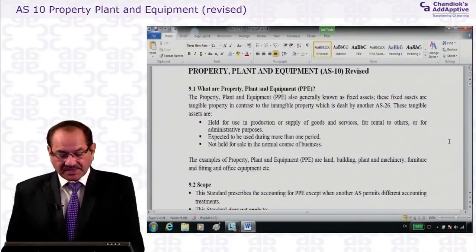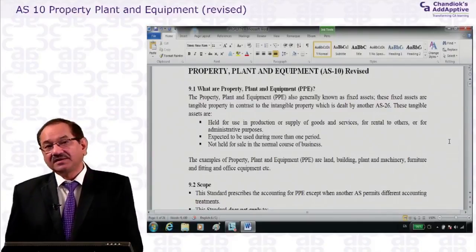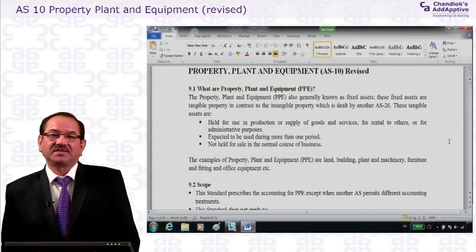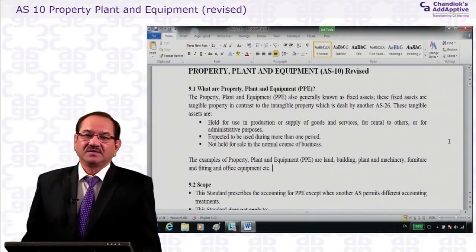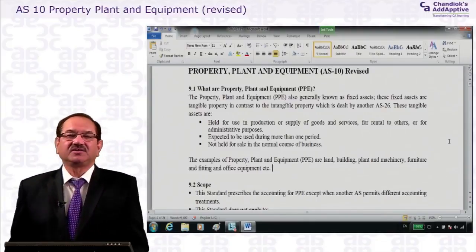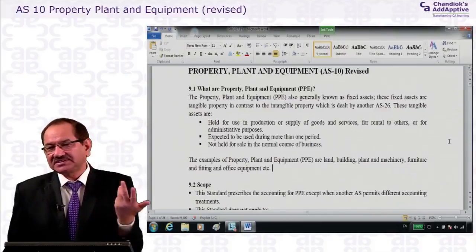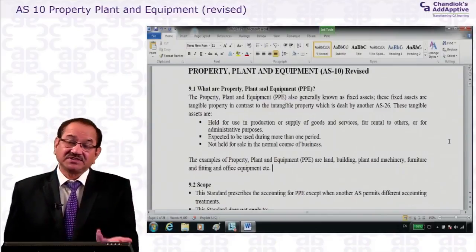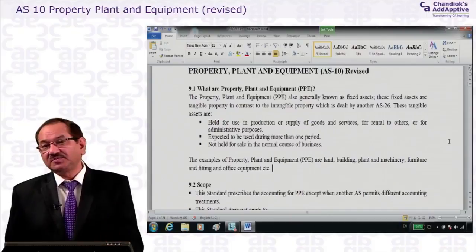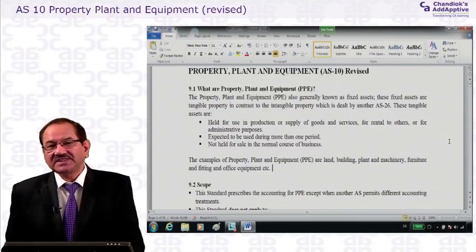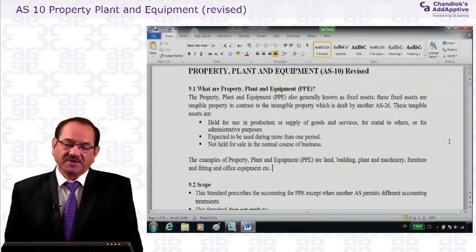What are the examples of property, plant and equipment? Examples of property, plant and equipment are just like fixed assets. They are land, plant and machinery, furniture, fixtures, office equipment. These are all fixed assets, and now we call them property, plant and equipment.